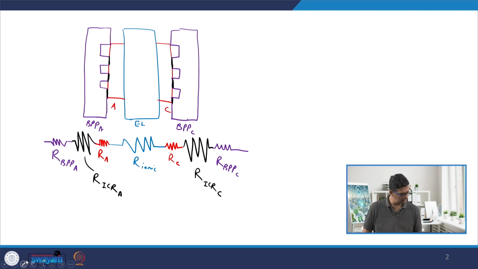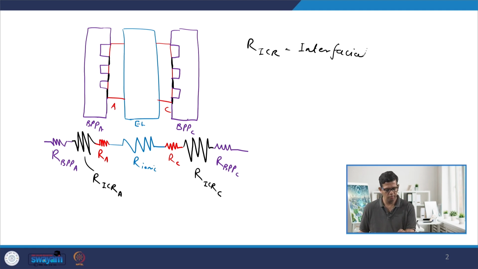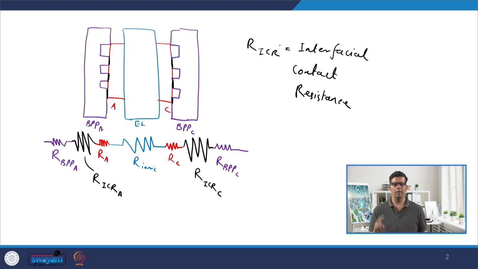This is called interfacial contact resistance. Since it is between two faces, these two faces are basically the face of the bipolar plate where it touches the anode or the diffusion layer.